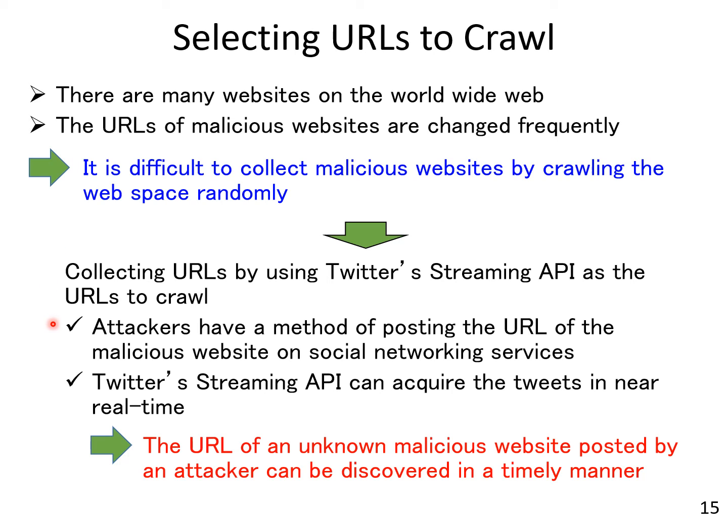Attackers have a method of posting the URL of the malicious website on social networking services, and Twitter's streaming API can acquire the tweets in near real time. As a result, the URL of an unknown malicious website posted by an attacker can be discovered in a timely manner.